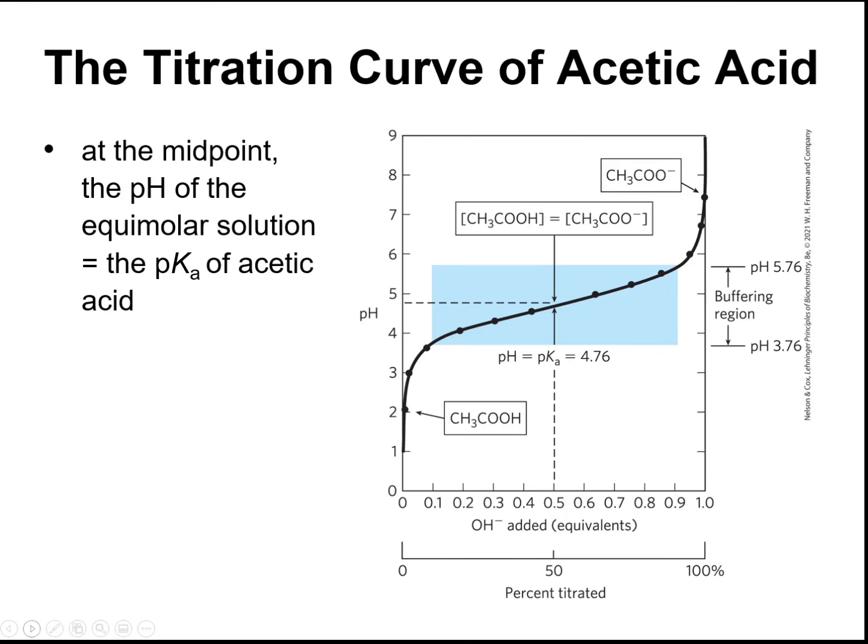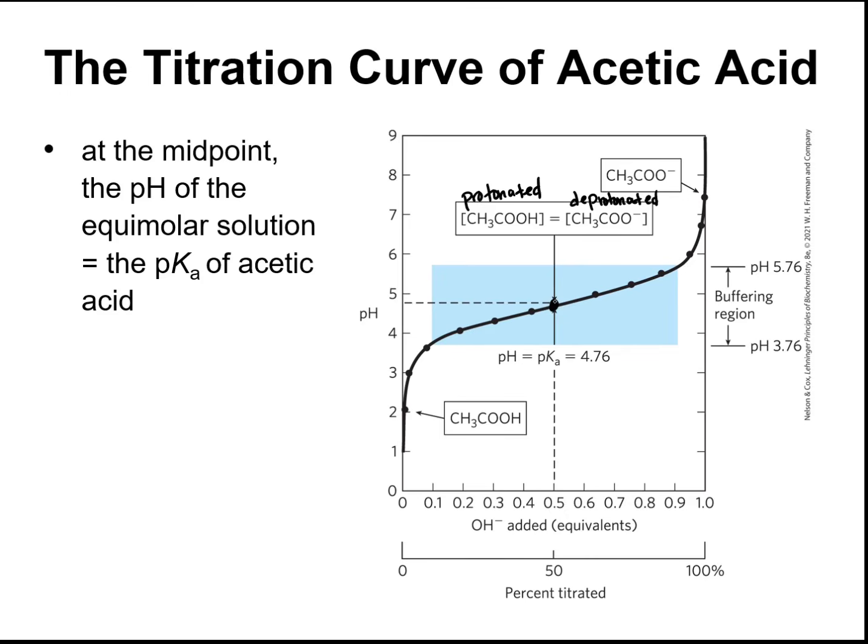At the point where you have equal parts of protonated and deprotonated acid, and in this case we're looking at acetic acid, protonated, deprotonated. At the point in time where you have equal parts, that is your pKa.